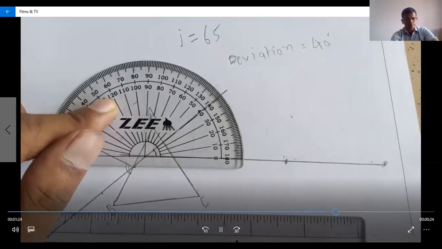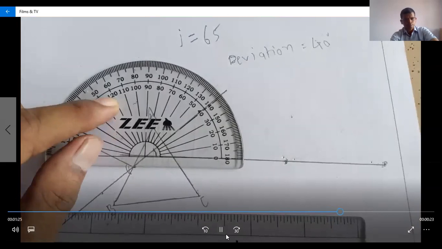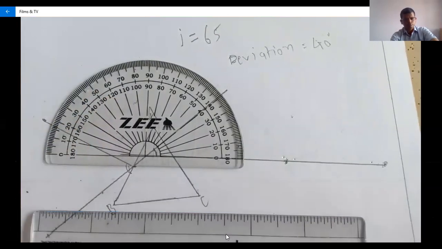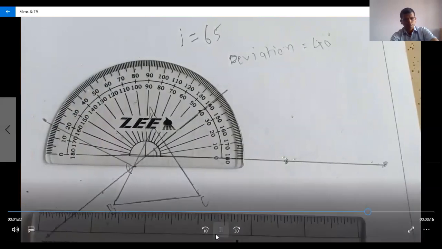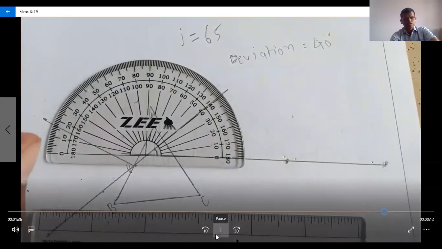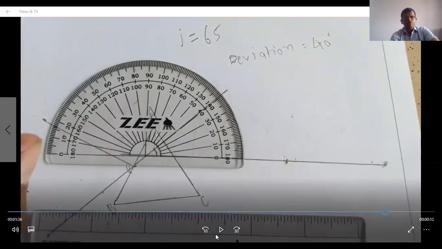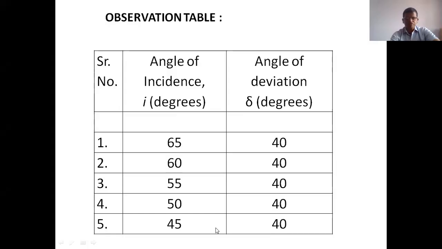As per this practical, every time we use an angle of incidence like 60, 55, 50 or 45, the deviation should be about 40 each time. After showing all the videos, we find here the final angle of deviation is 40. Simple practical, simple process, and then for angles of incidence 60, 55, 50 or 45, every time we use the same method.